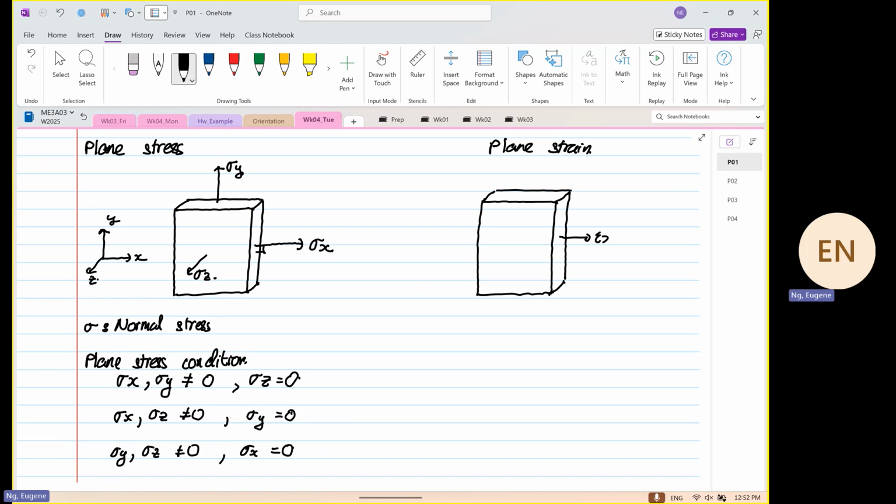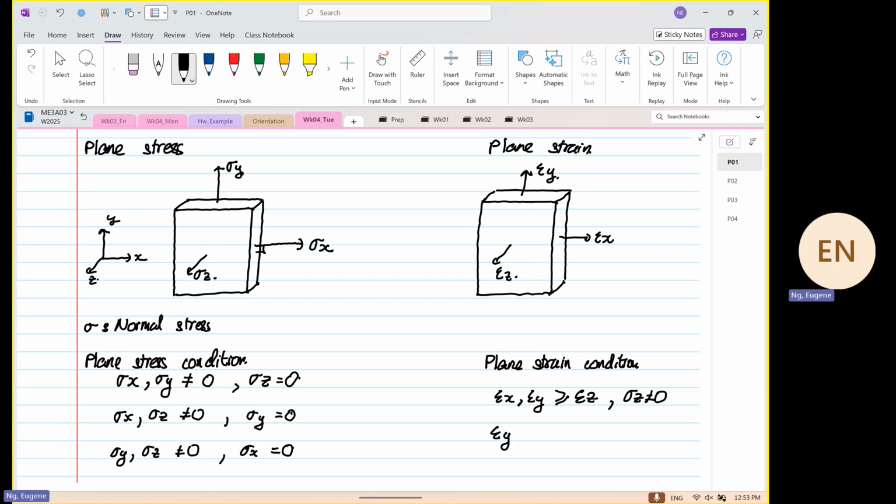Now we have strain in X, strain in Y, and strain in Z. When we have plane strain condition, okay, plane strain conditions specify that strain in X and strain in Y is very much greater than strain in Z. However, stress in Z is not equal to 0.